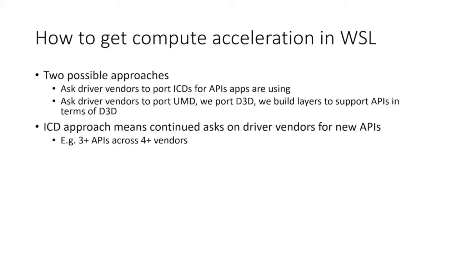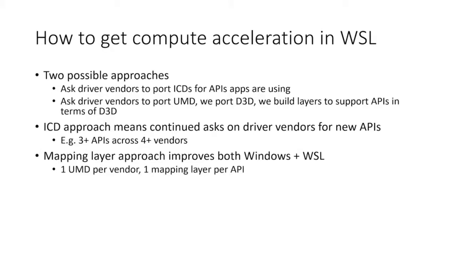The ICD approach meant that we would have to continue to ask vendors to port new ICDs for every new API that we cared about. That could be at least 3 APIs across at least 4 vendors, whereas the mapping layer approach means that we need one UMD from every vendor, and then one mapping layer per API. It's a much better scaling solution.